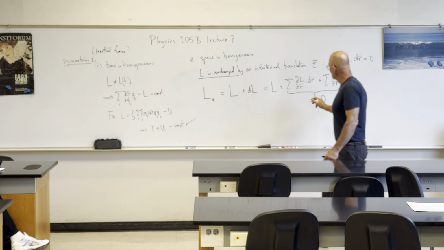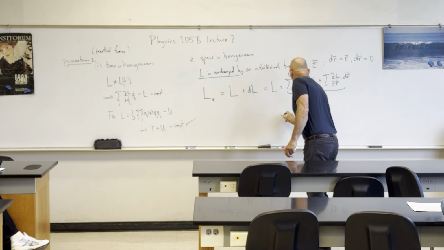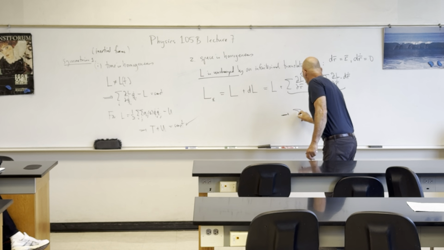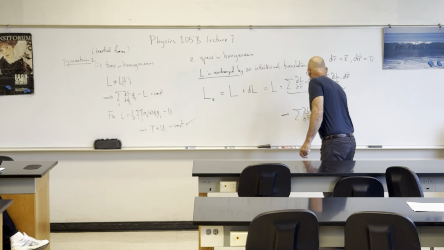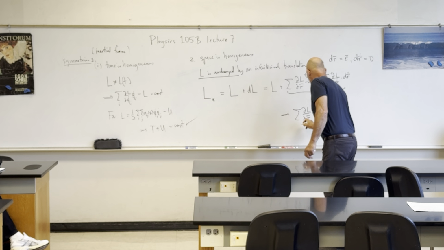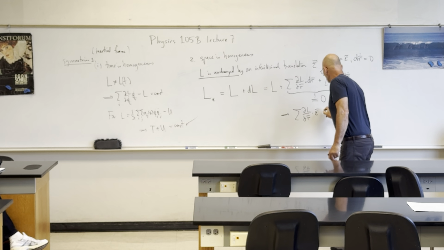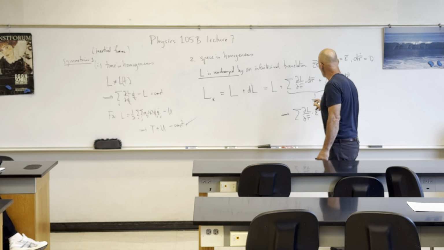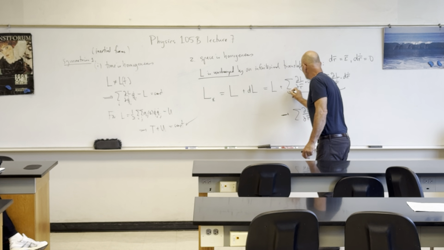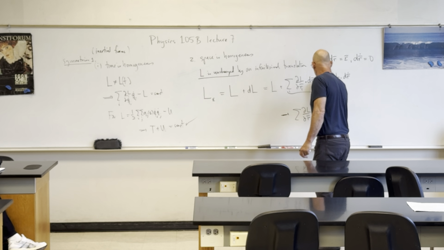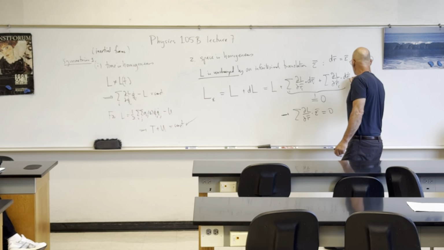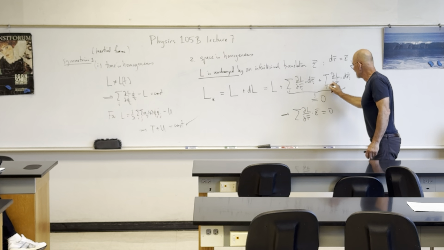And therefore, we have the sum over partial L partial r_i dotted with epsilon equals 0. And let's put a little subscript I on these. We're doing a summation over those.